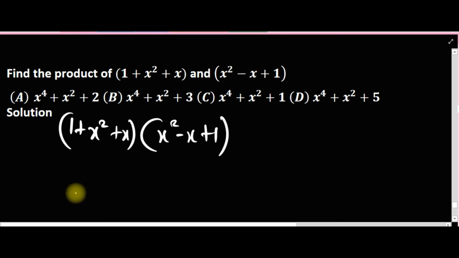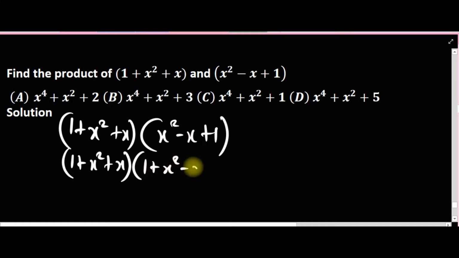I can write this as 1 plus x squared plus x, and this could be 1 plus x squared minus x. Nothing has spoiled. I'm trying to compare the two so that the solution will be easy for us. So they are the same.